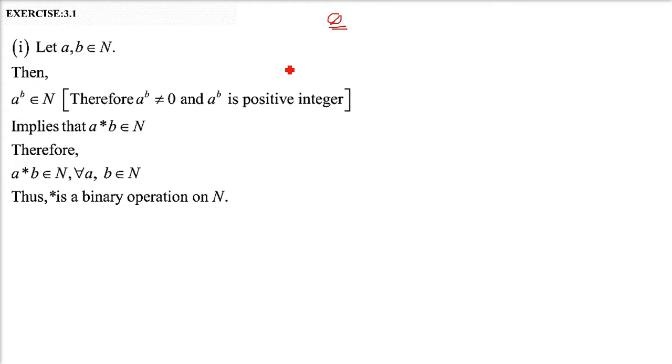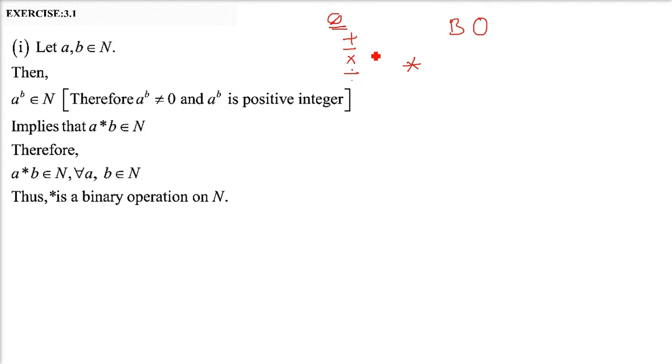Determine whether each of the following operations defines a binary operation on the given set or not. Let me tell you about a binary operation first. Any binary operation will be represented by star or O, or you'll see multiple symbols.